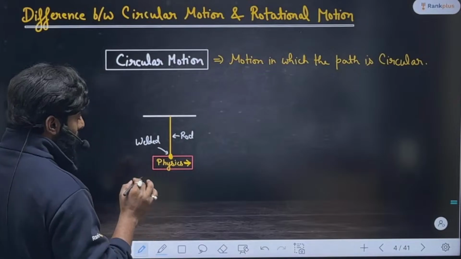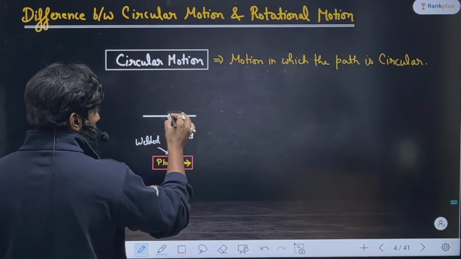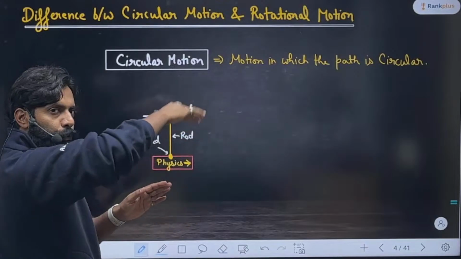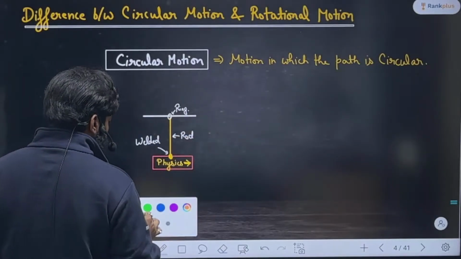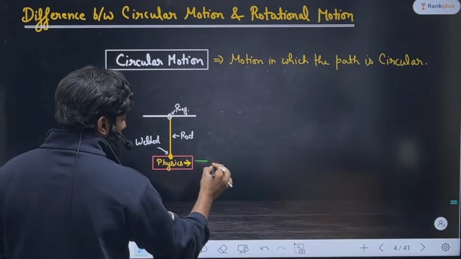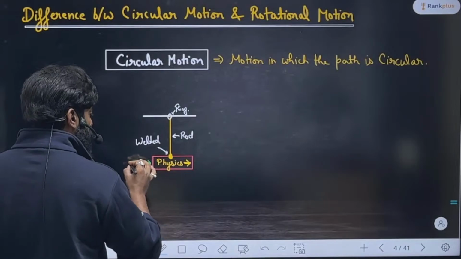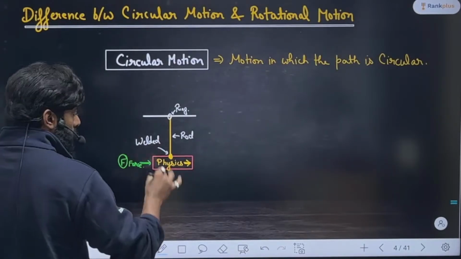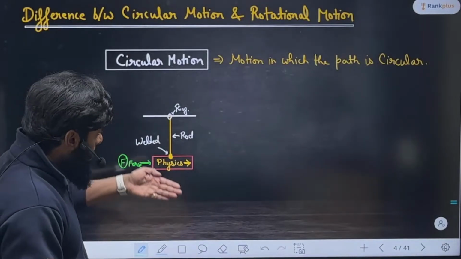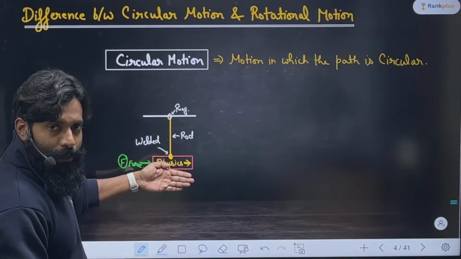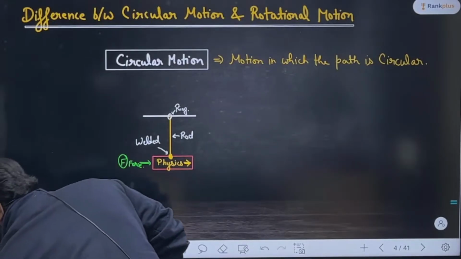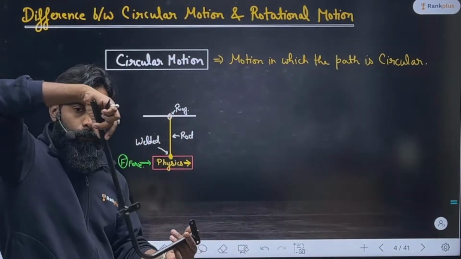Now imagine there is some ring out there, which means it can move here and there. If I apply a force on this object, the complete object moves, right? Assume that I have this one with me.